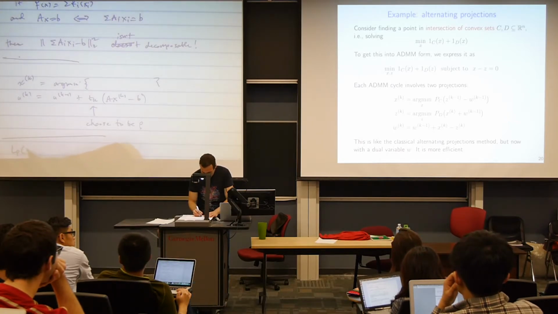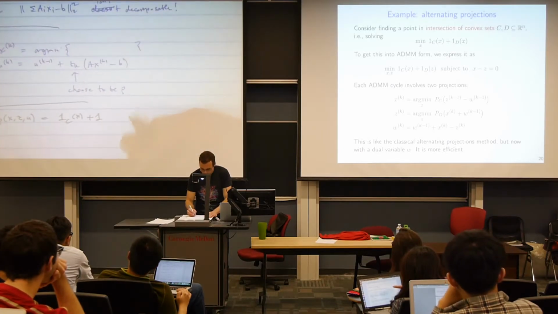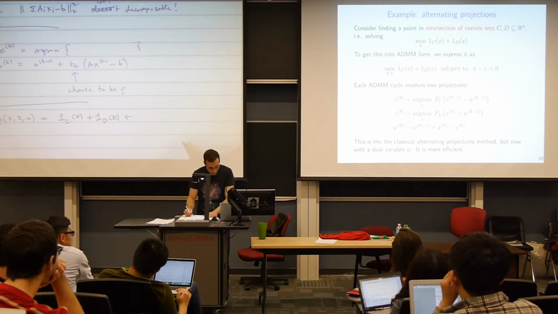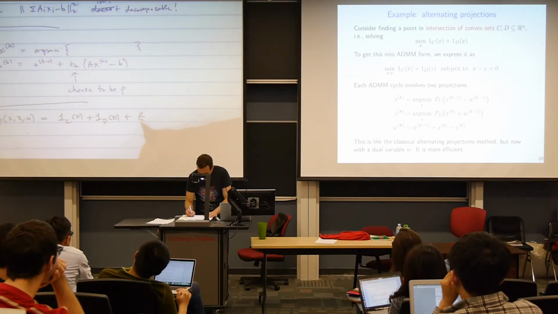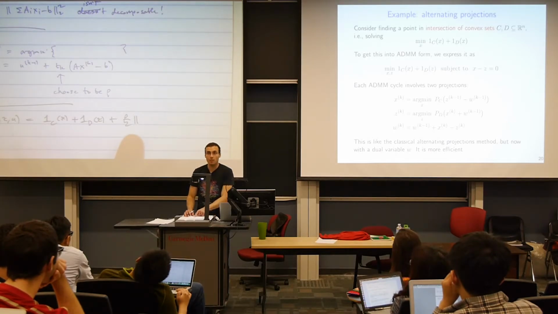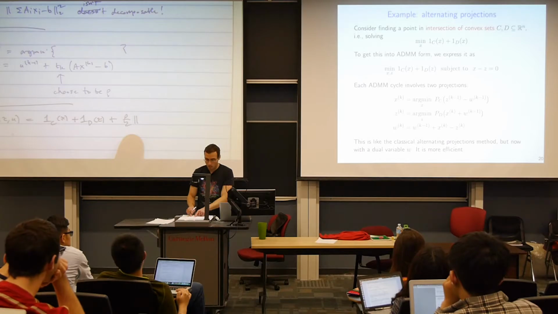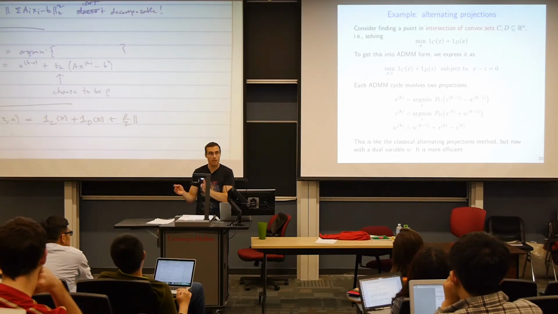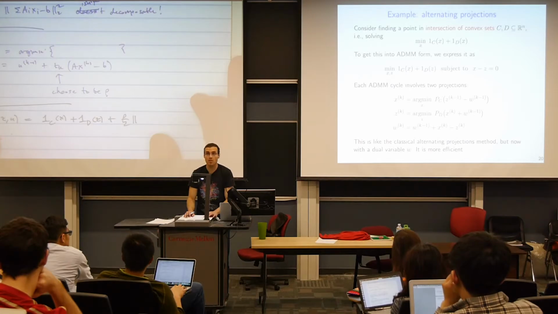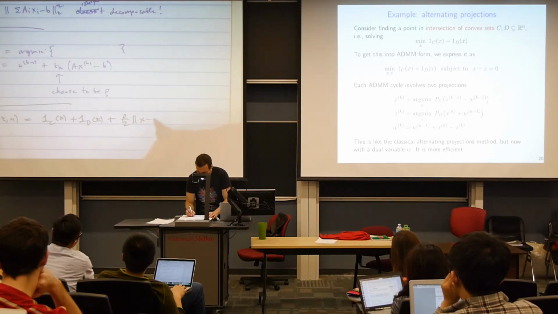The augmented Lagrangian now is a function of x, z, and u. It's the indicator of x being in C plus the indicator of z being in D plus, here's a trick that I will show you in more detail next time. It turns out I can combine u transpose (x minus z) and the L2 norm of x minus z squared into one term by throwing away terms that don't depend on x and z, since I'm going to be doing the minimization over those.